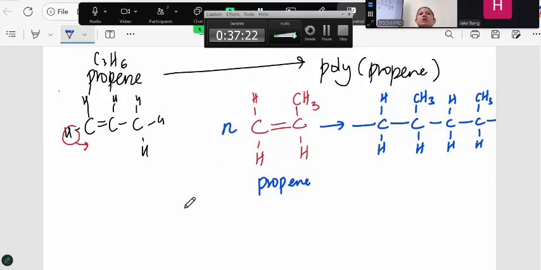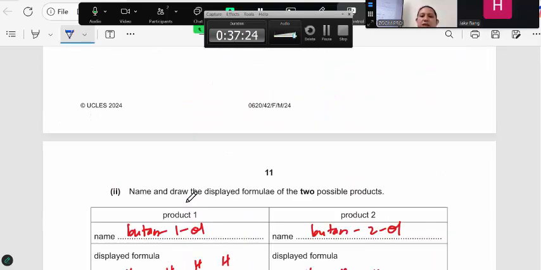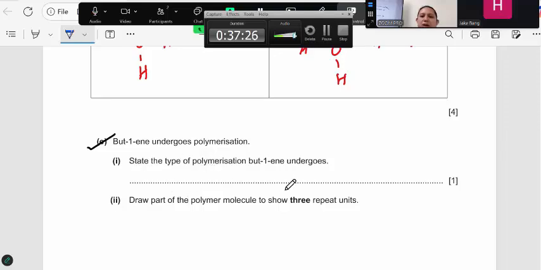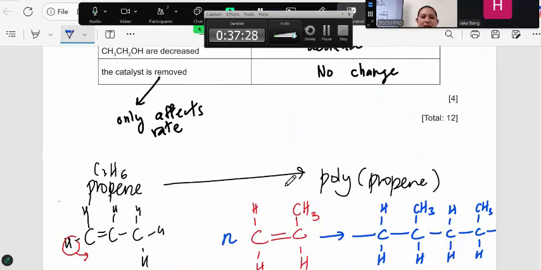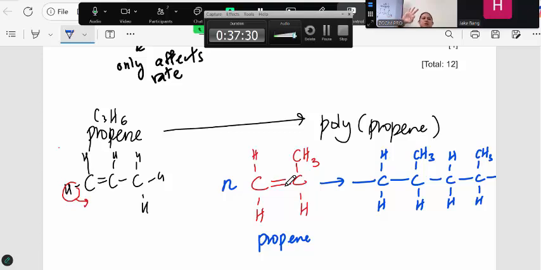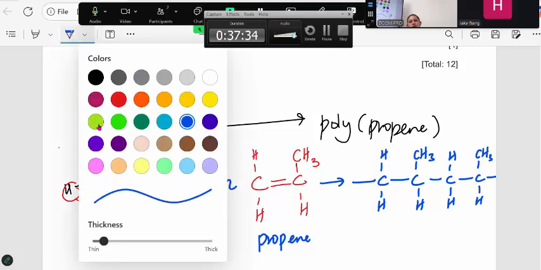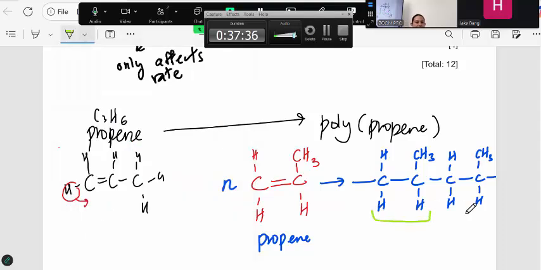Okay, with your newfound knowledge, please do this one. They ask for 3 repeating units. This is how many repeating units? 2. This is 2 repeating units. 1, 2. The one below, they ask for 3 repeating units. Okay?